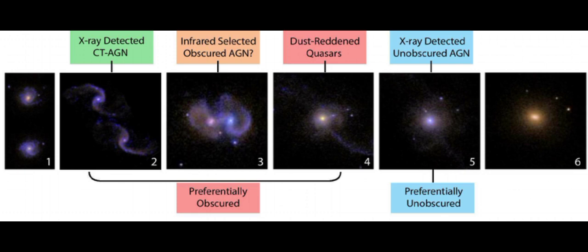So the properties of an active galaxy are determined by the black hole's mass, the rate of accretion into the black hole, whether or not it has a powerful jet, and the angle at which we view the galaxy.